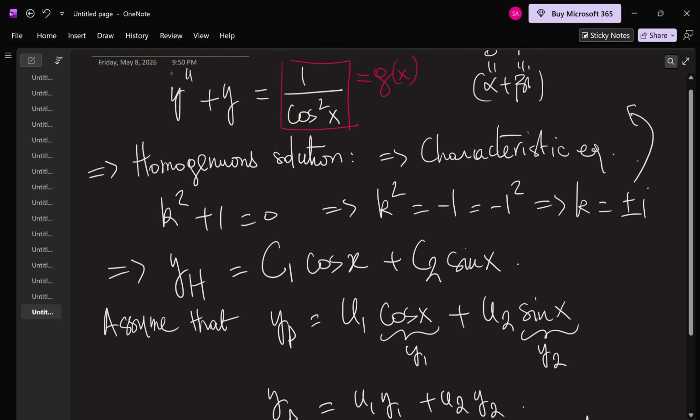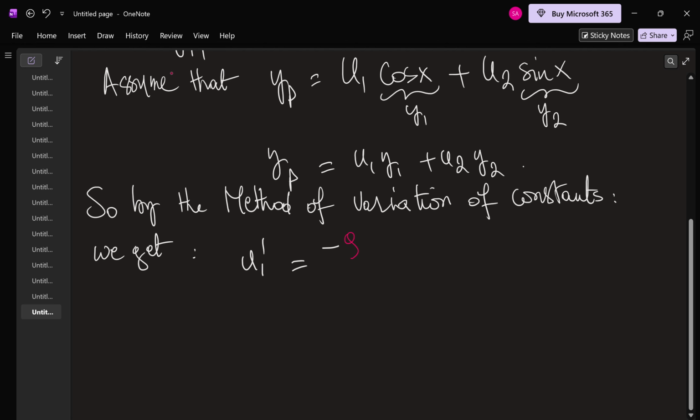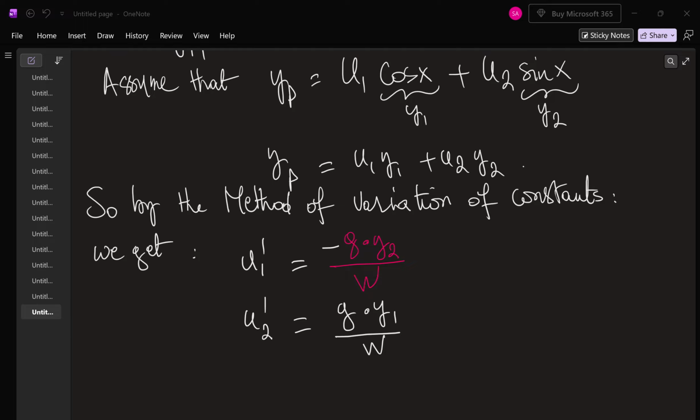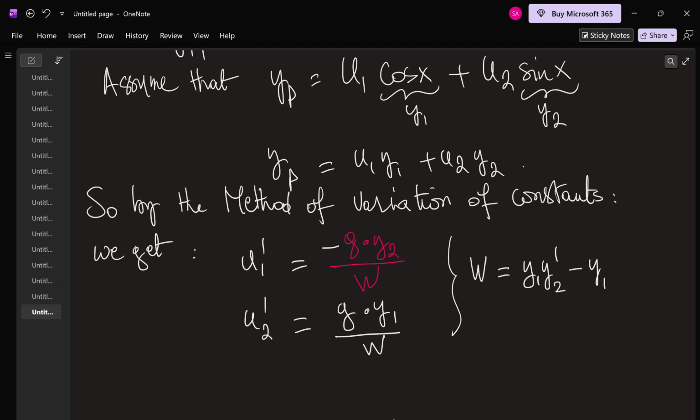So it is minus g times the second solution all over the Wronskian, and u2 prime is equal to g times the first solution over W. And I must remind you that W, which is the Wronskian, is equal to y1 y2 prime minus y1 prime y2. Okay, now let's do the calculations.